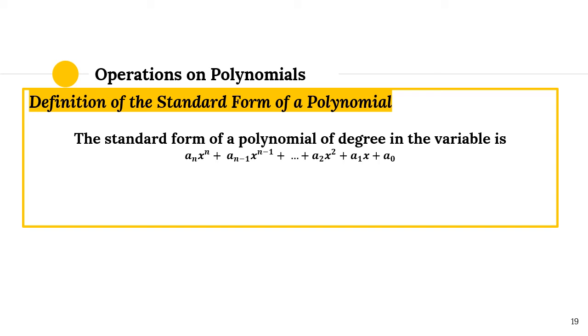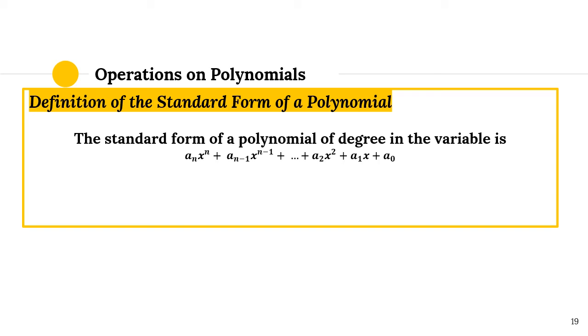So this formula allows you to achieve the standard form by rearranging the terms in the polynomial such that the term with the highest degree is first, and the term with the lowest degree, usually a constant because the degree of a constant is 0, is last on the right.